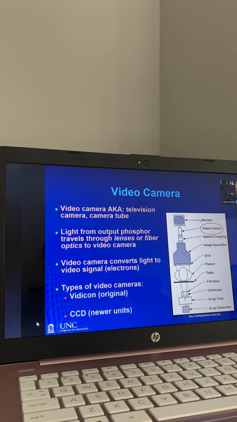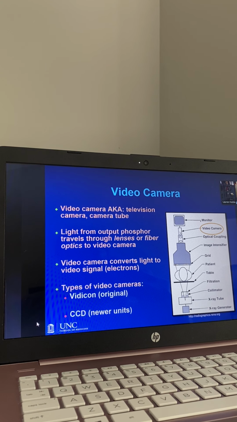So what happens is light that leaves that output phosphor is going to travel through either lenses or fiber optics, because we don't want to lose the light. That light is our image. That light needs to be directed either through fiber optics or lenses to the video camera.